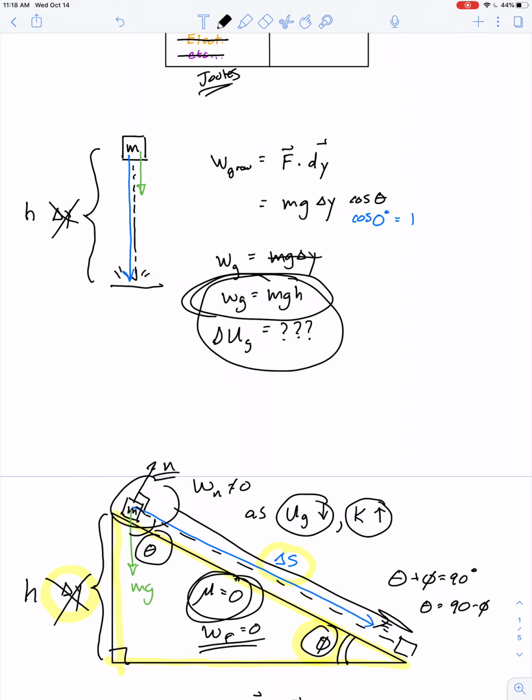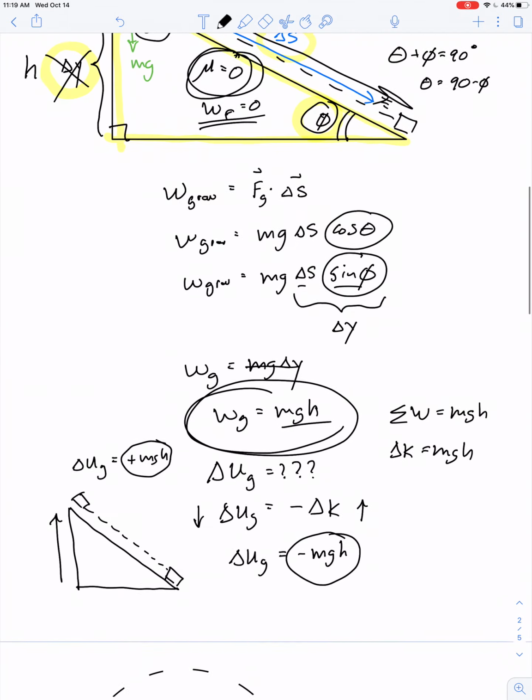Had we suggested the block was being lifted up to a height h, the change in gravitational potential energy would have been positive mgh, and by the way, the work done by gravity would have been negative mgh. In any case, this is a problem where we were imagining the block was falling. So the change in gravitational potential energy in that case is also equal to negative mgh.